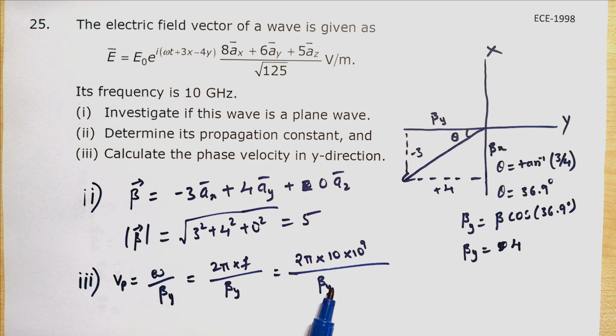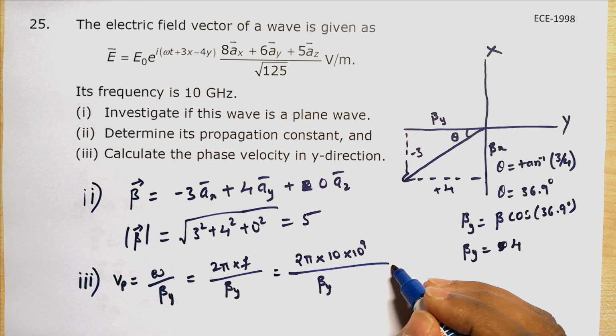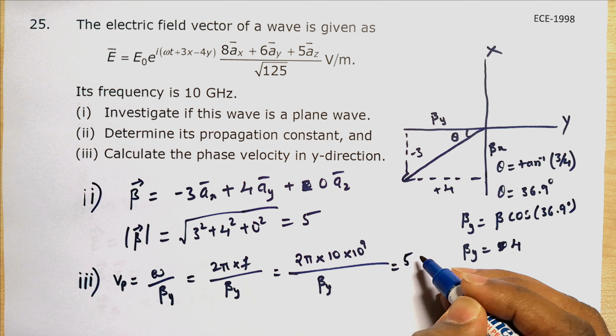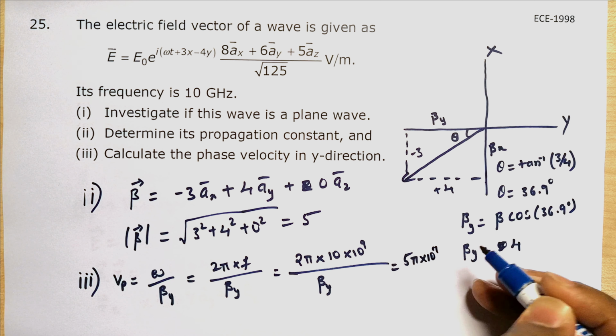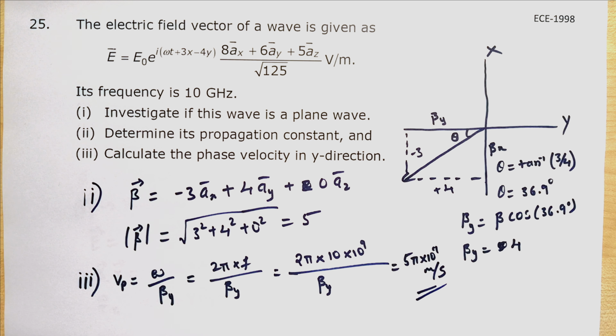Plugging this into the equation, we get the phase velocity Vp equal to 5 pi into 10 raised to 9 meters per second, which is quite possible because this is the phase velocity. The group velocity, however, can't go above the velocity of light, which is 3 into 10 raised to 8 meters per second. But since we are calculating the phase velocity, this could be a correct answer.